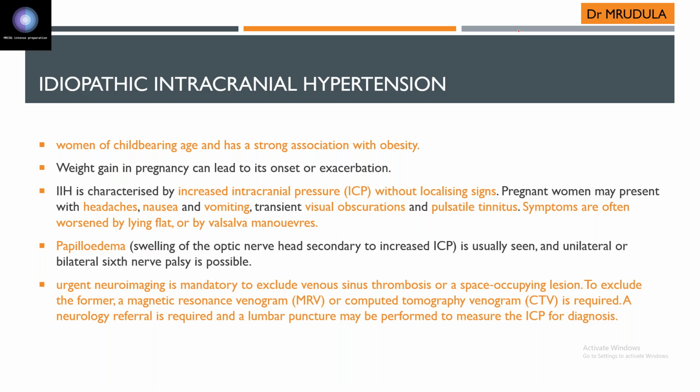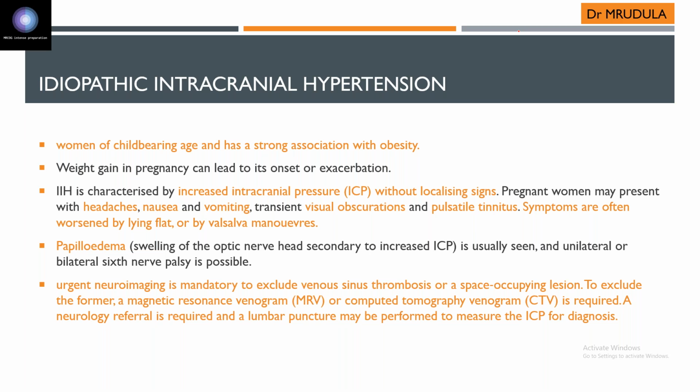Papilloedema is usually seen because of swelling of the optic nerve head from increased ICP. Sometimes unilateral or bilateral sixth nerve palsy is possible. This is known as a false localizing sign, because of the pressure effect. For the differential diagnosis of idiopathic intracranial hypertension, you always have to rule out venous sinus thrombosis or a space-occupying lesion.